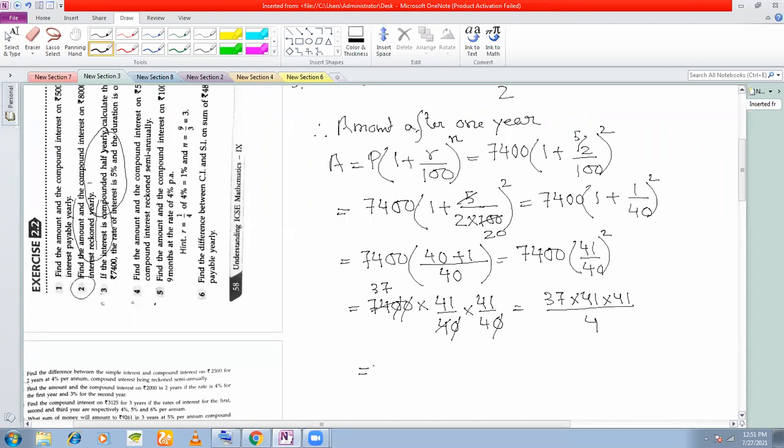You cannot cancel any further. So you'll get here 62,197 if you multiply, divided by, this will cancel with 2, 37 times. So here you're getting 2 into 4. So now this becomes 8 here.